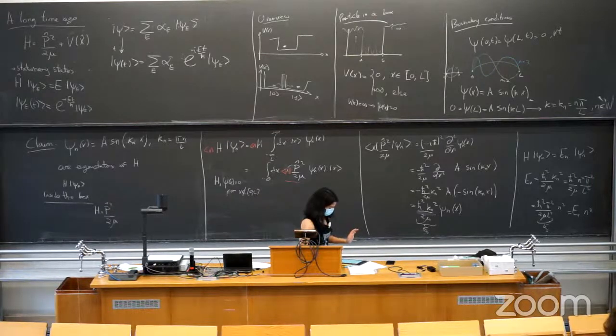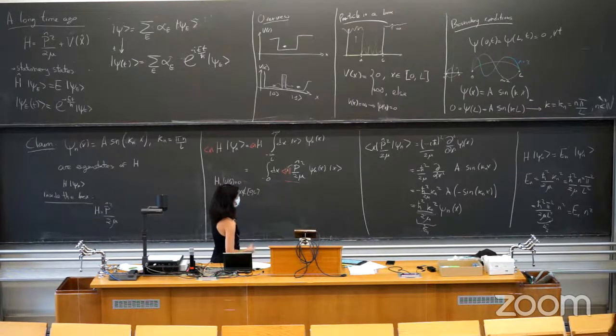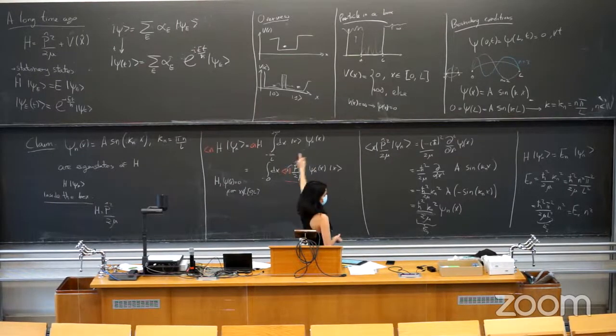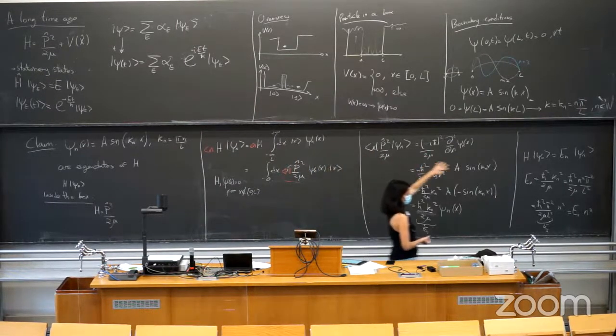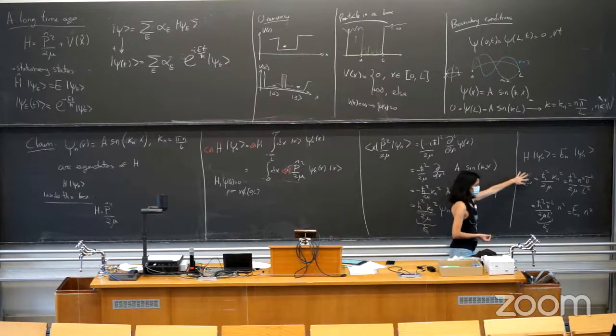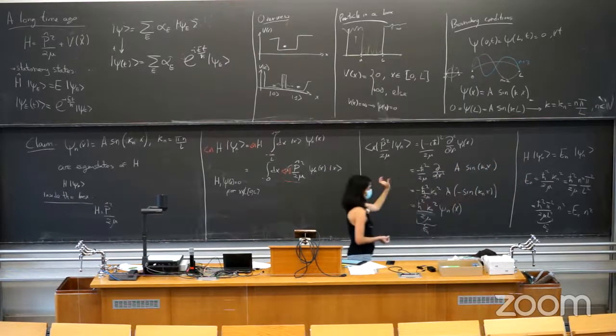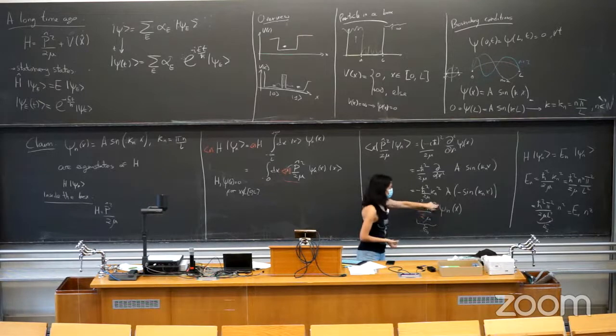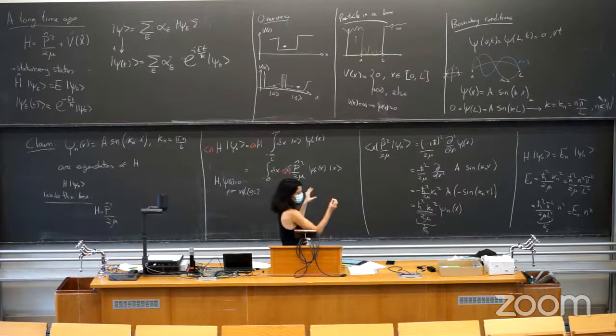So what have we done? We've shown that these wave functions are eigenstates of the Hamiltonian by looking at how it acts on the wave function and showing that, well, inside the box, it gives a fixed multiple of the wave function. Outside the box, it's always going to be 0, but so it was before.